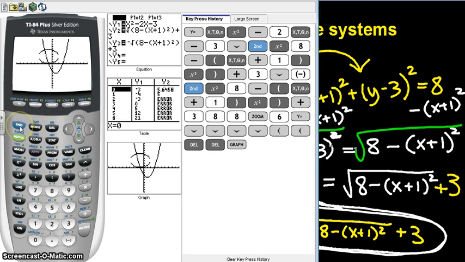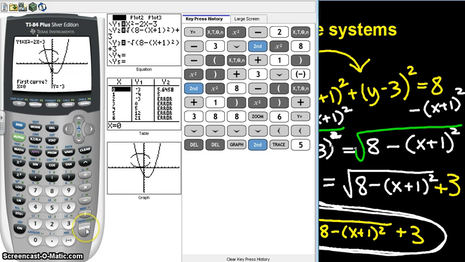So I start out the same way. I press second, calc, and then 5. And now is the key moment in terms of making that decision. It asks me, what is the first curve you want to find the intersection of? So look up here in the left corner. It tells you that right now that's talking about the parabola.